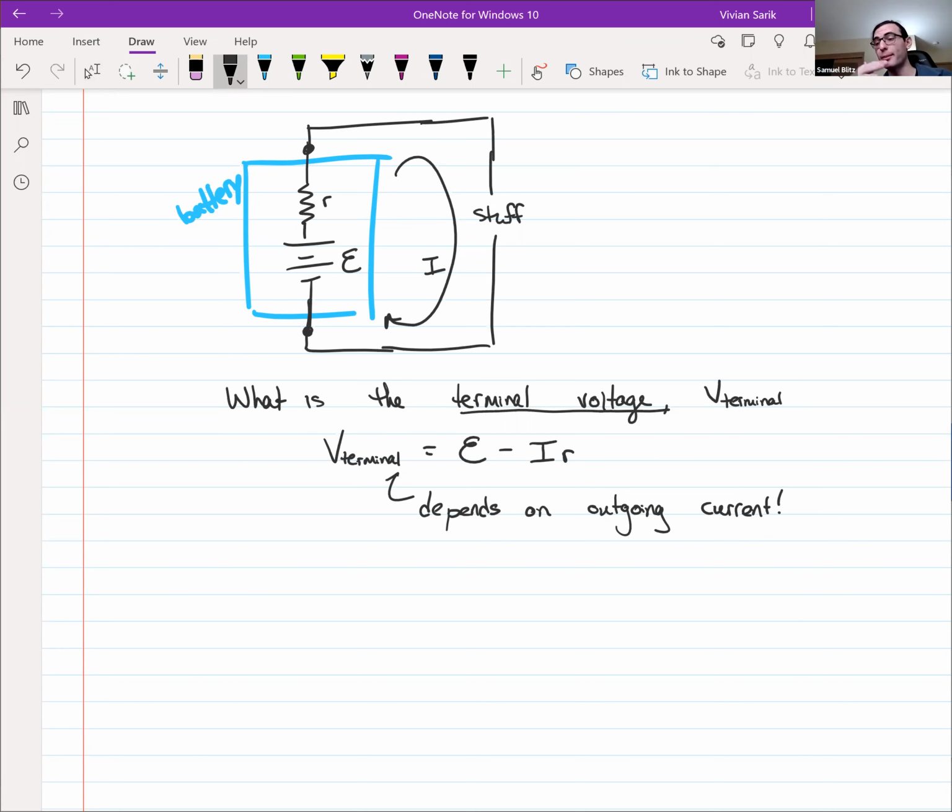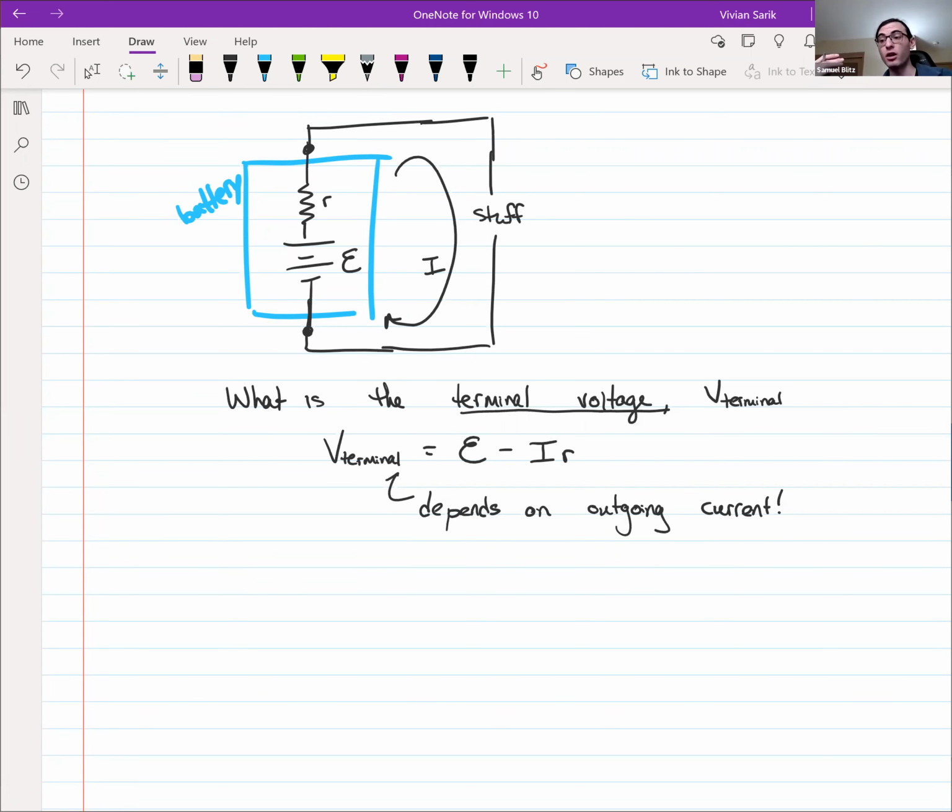But depending on how much current is flowing through the battery, that will affect the amount of voltage drop that the internal resistor drops, and it will lower the terminal voltage. So in fact, if you have a really, really high current circuit, your battery voltage is going to, quote unquote, sag. It sags under high current because there's a large internal resistance.